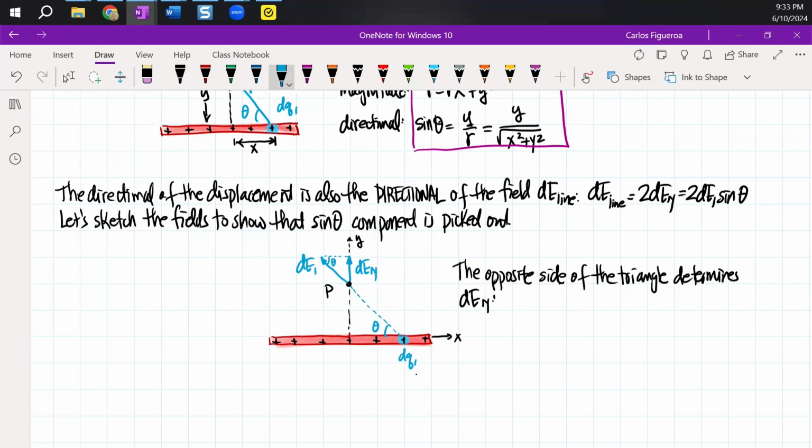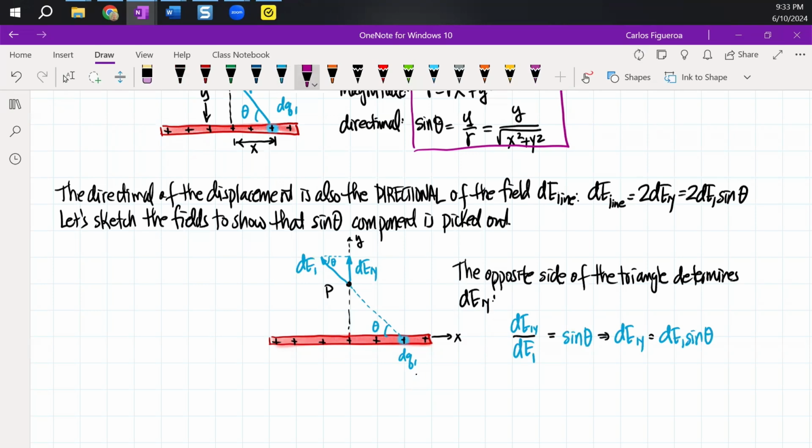In other words, dE1y divided by dE1 has to equal sine of theta, which then tells us that dE1y is going to be dE1 sine of theta.